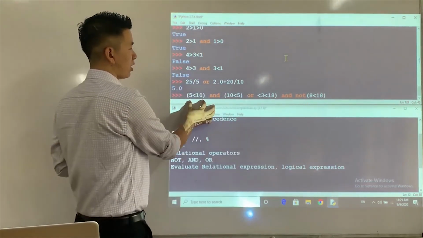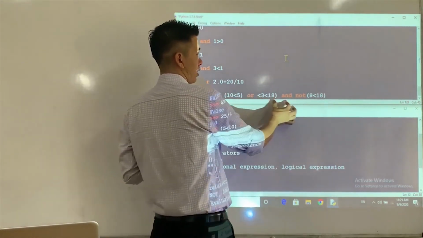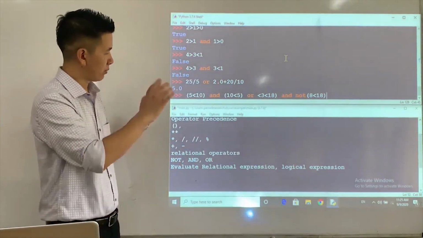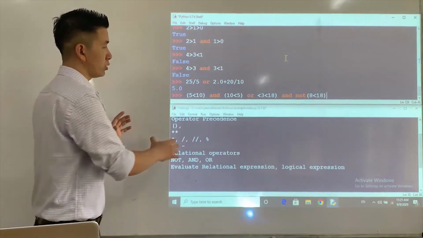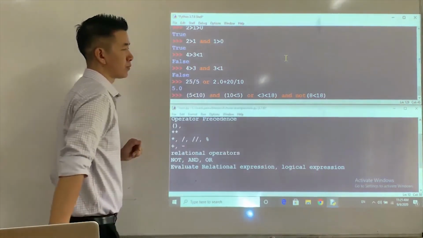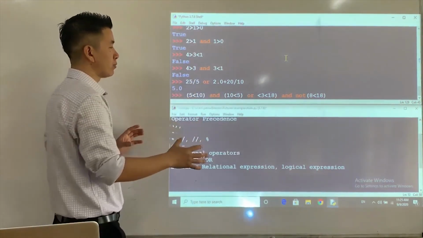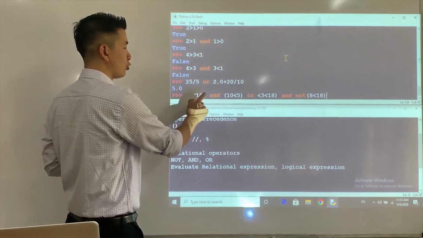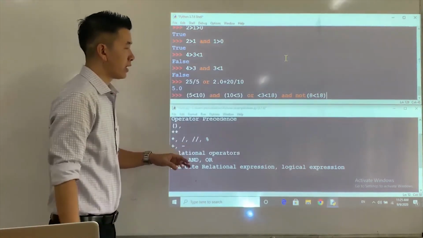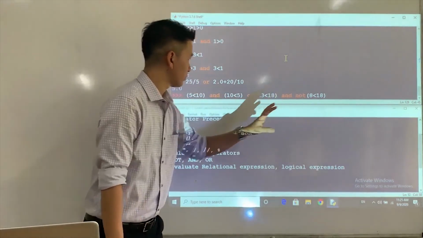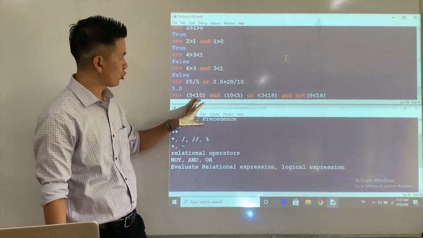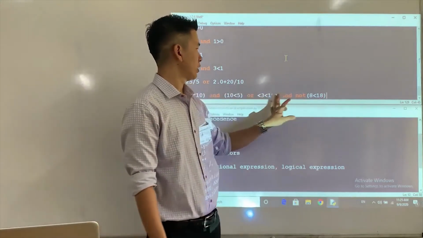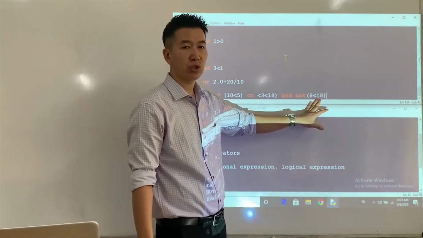The expressions that need to be evaluated first, thanks to the brackets, are those enclosed in brackets. So you will have this is true, this will be false, this will be true, this will be true, this will also be true.